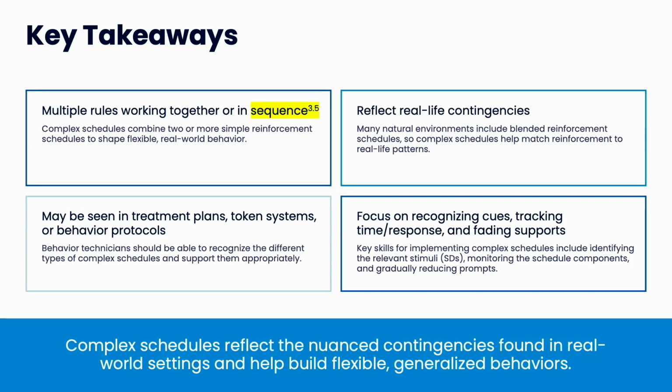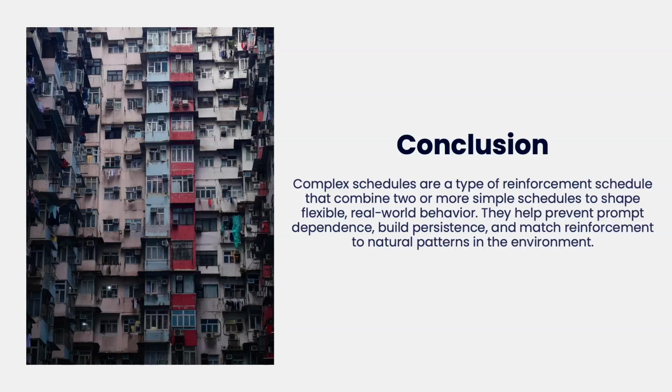They help your clients, your learners identify the relevant SDs, and it will reduce their reliance on prompts. Complex schedules combine 2 or more simple schedules to shape flexible real-world behavior, and it helps prevent prompt dependency, build persistence, and match reinforcement to the natural patterns of the environment.